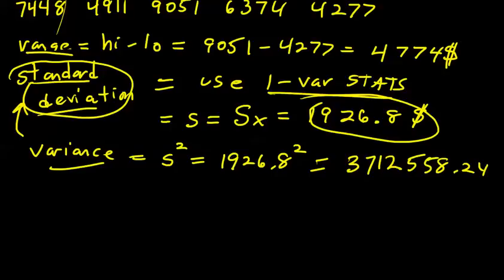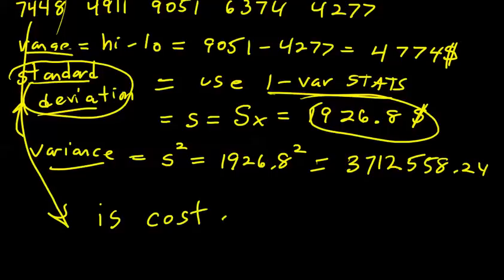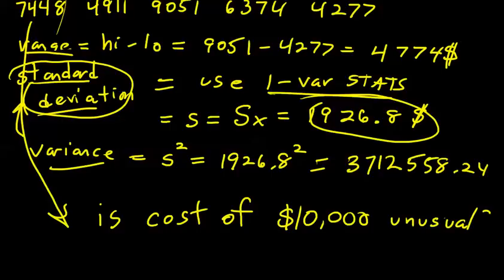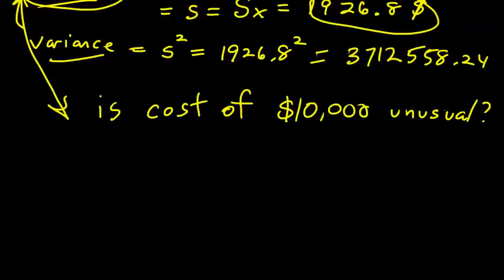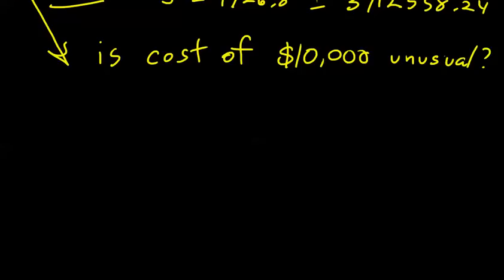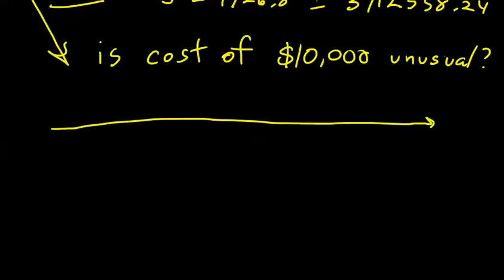All right, now they also ask us in this data set, at the end of the question, they give us what we call critical thinking type questions. Is a cost of $10,000 for repair of a car unusual? Well, there is a criteria which we will use to answer that question, and a picture tells 1,000 words. Basically, the criteria we're going to follow, more or less a guideline in this book.